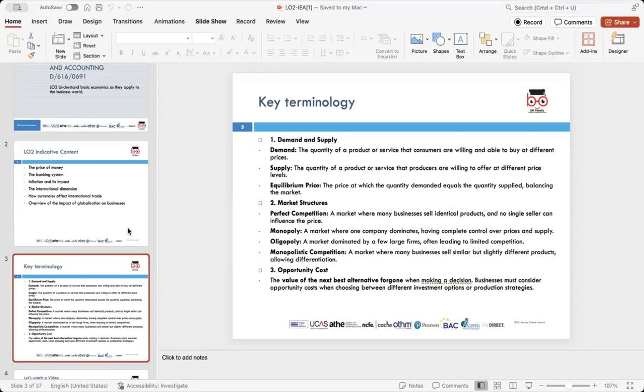And equilibrium price is the price at which the quantity demanded equals the quantity supplied, balancing the market. Then market structures. Perfect competition market: many businesses sell identical products, meaning no single company can control prices.